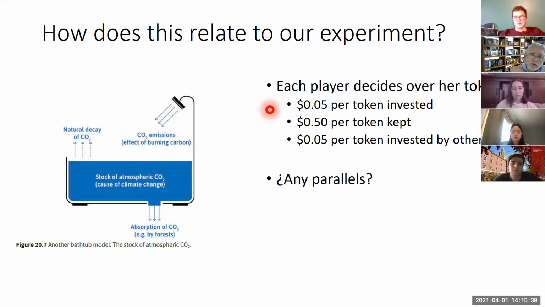Crystal, you were going to say something too. Do you have another example or another parallel in this case? I was just thinking the same thing, that it takes the majority of countries contributing to have a net positive effect and not have everyone losing money.